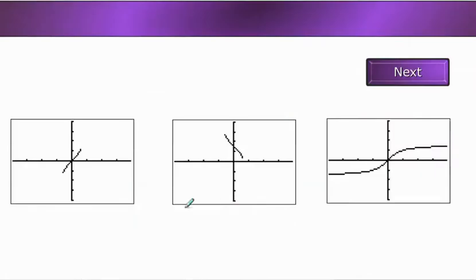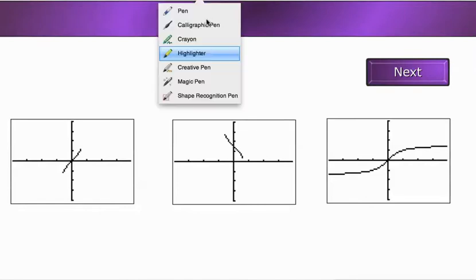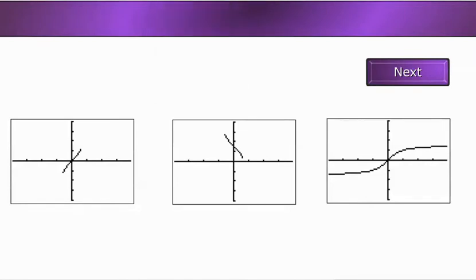So now what I'd like you to do, these are the inverse function graphs. I'd like you to try and figure out which one is y equals arctangent of x?